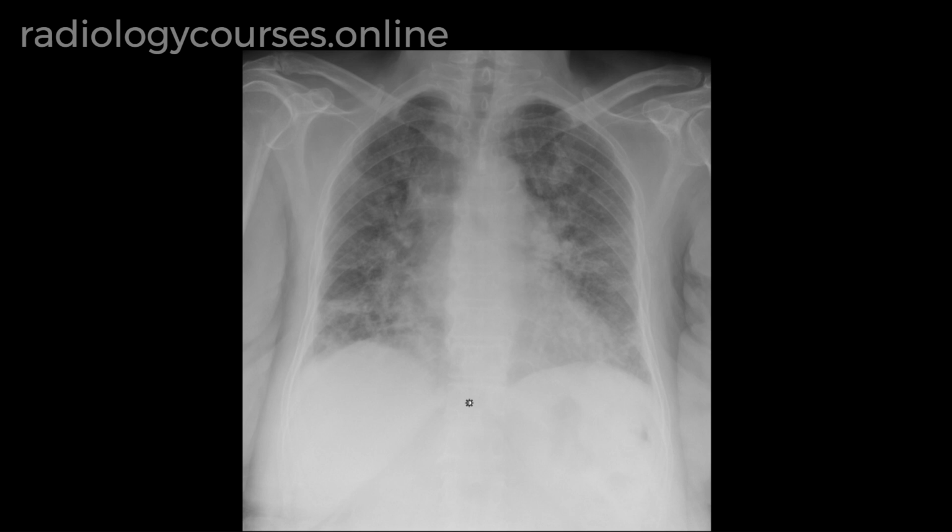The opacities are ill-defined and there is no evidence of pulmonary nodule or mass with spiculation. No air bronchograms are seen, no evidence of bronchiectasis.